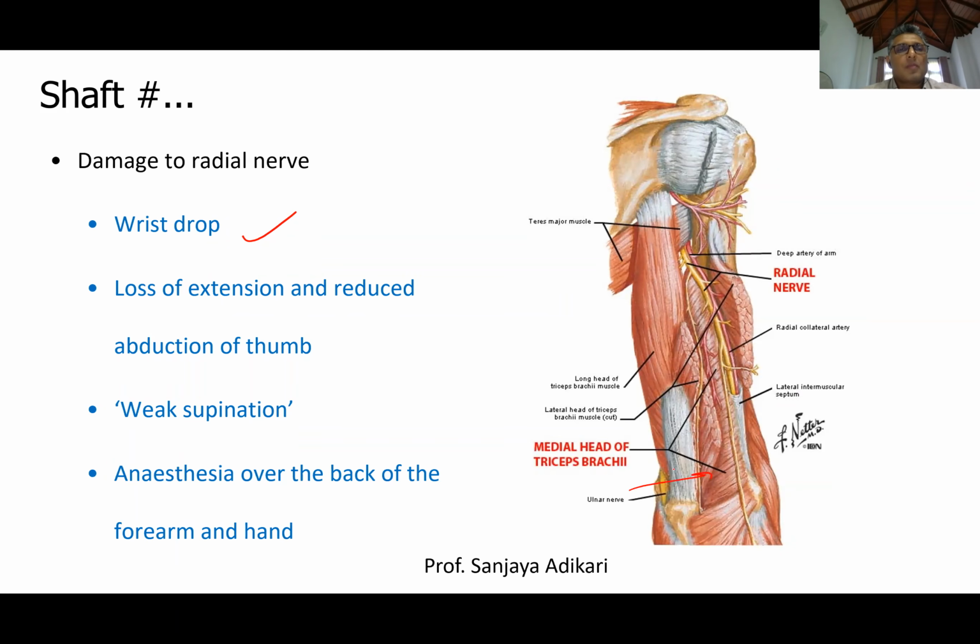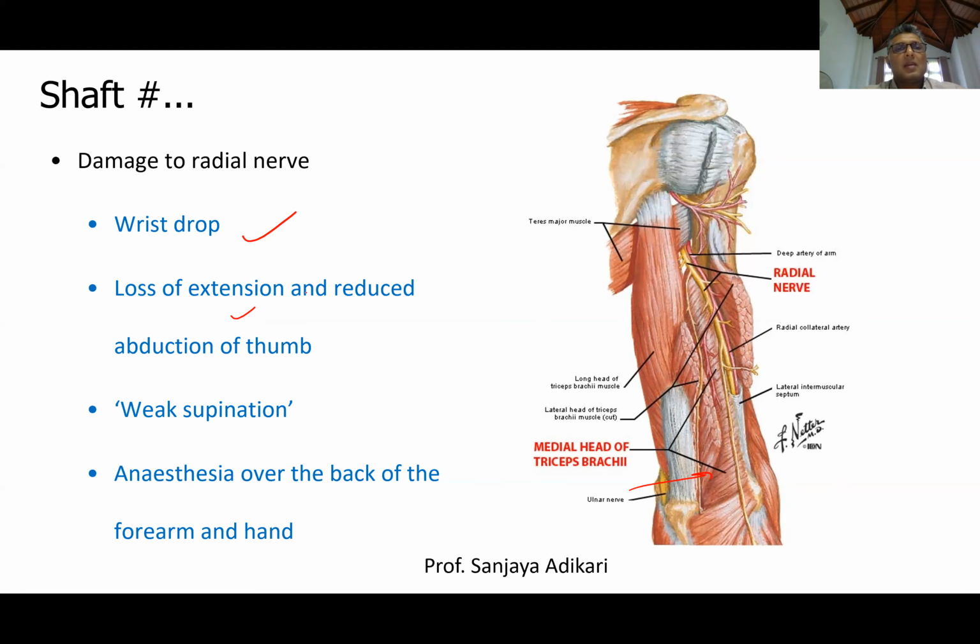So you get wrist drop, and there's loss of extension and reduced abduction of the thumb, due to the loss of extensor muscles. You know that thumb extension is done by extensor pollicis brevis and longus. They are gone.